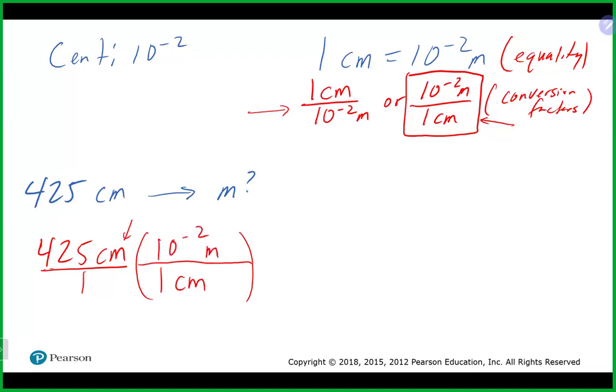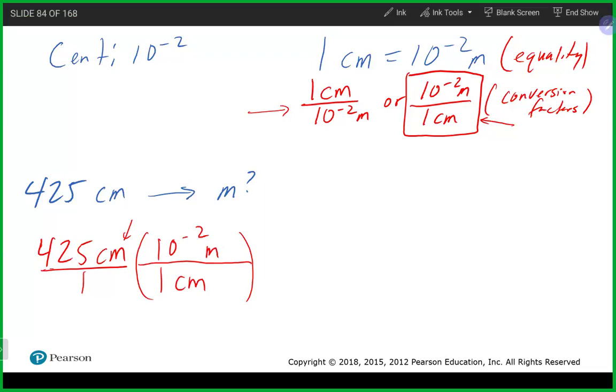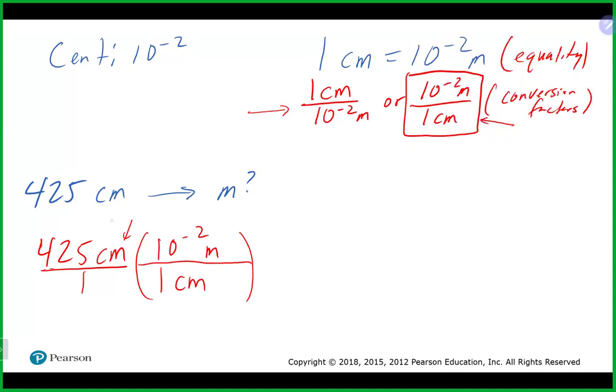What this is essentially doing, and let's just talk mathematically about what we're doing here, is we're going to take whatever is on top and multiply. So whatever is on the top gets multiplied. And then we're going to come back through and divide by whatever's on the bottom. So what happens with the units in this case is that because there's a centimeters on top and a centimeters on the bottom, they cancel out.